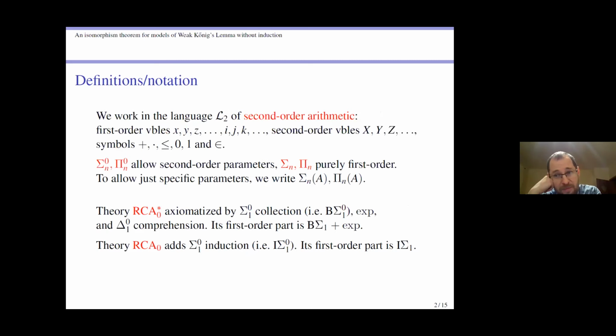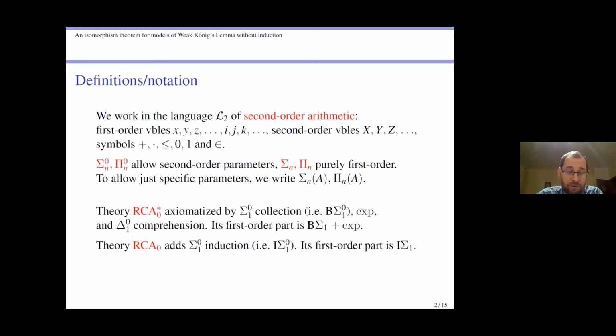I guess for this seminar, I felt that I can start with the definitions, that this audience is technical enough that I don't have to discuss the motivation first, although I will say something about the motivation, but just go through the definitions and notation that we'll be using. We'll be talking about theories of second-order arithmetic.